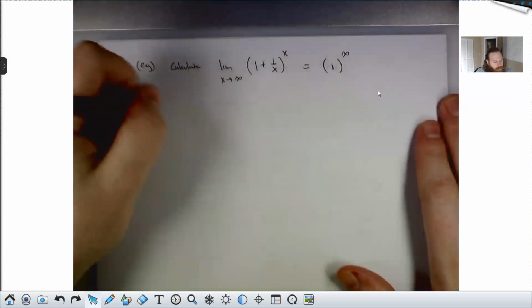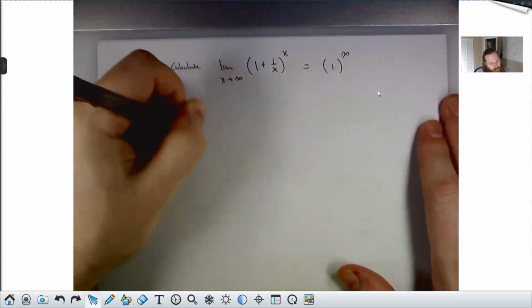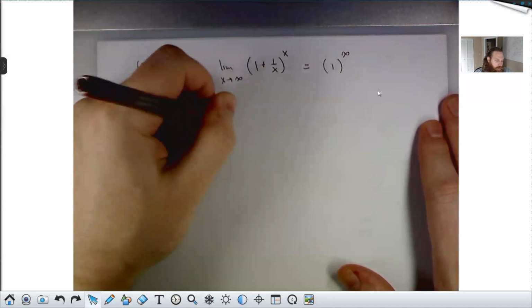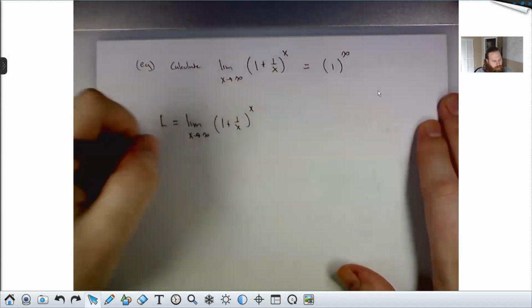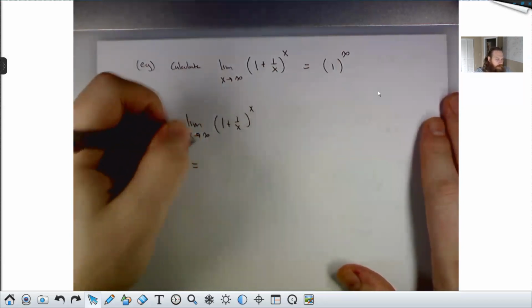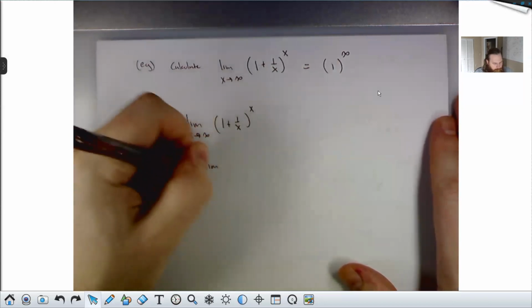So the sort of formal way to do this is you say L is the limit as x goes to infinity of 1 plus 1 over x to the x. And you take natural logs. The natural log of L then would be the natural log of this limit, and then I can pop the limit out.